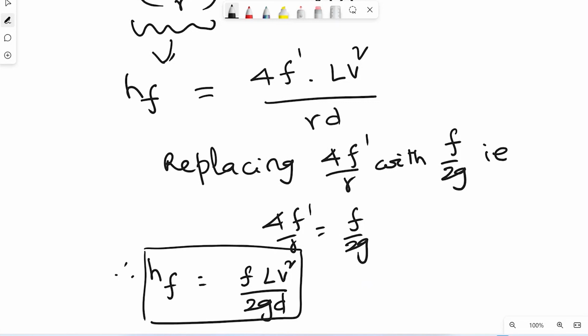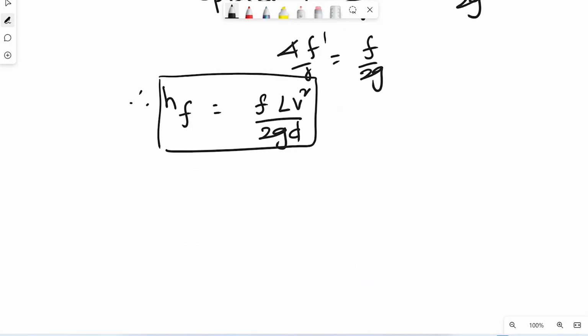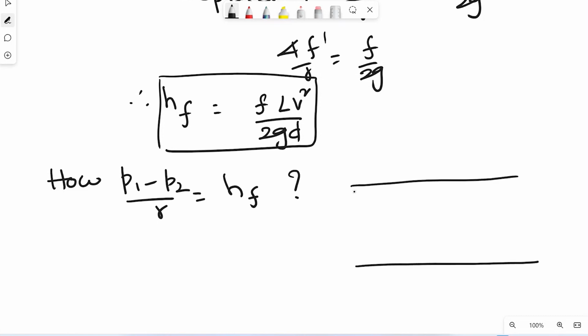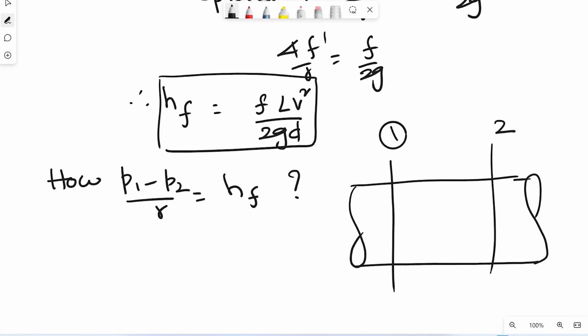Now you may ask me, sir, how is P1 minus P2 by gamma equal to HF? This question is very simple actually. This is the horizontal pipe which you have taken, and these are the two sections 1 and 2. Here the pressure is P1, here the pressure is P2.